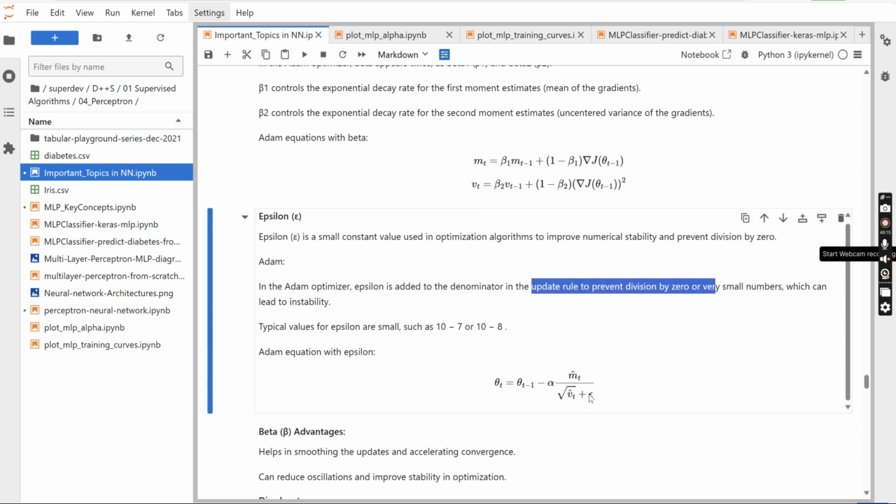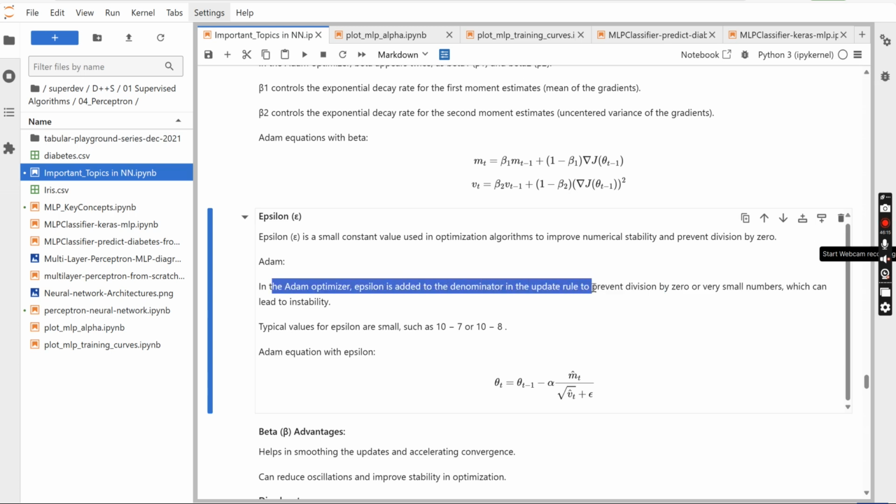Even if the square root of vt becomes 0, this small epsilon value ensures that the momentum term becomes high, so alpha multiplied by a high value becomes high, and the gradient becomes high. This way we will not let the gradient vanish or encounter a zero division error. That's why we are using epsilon.